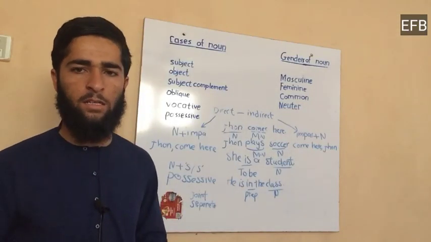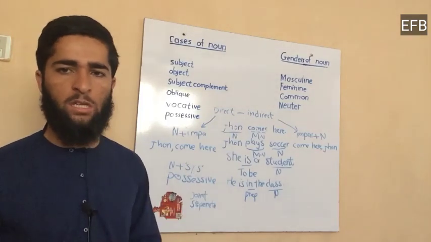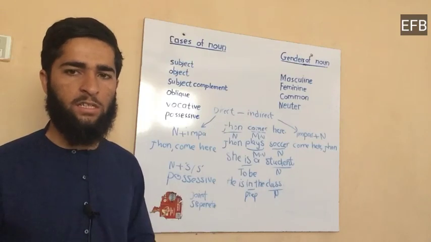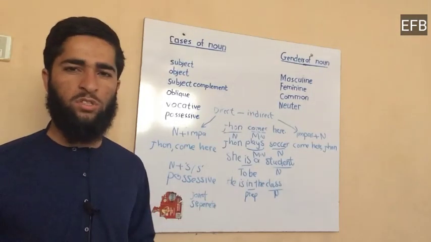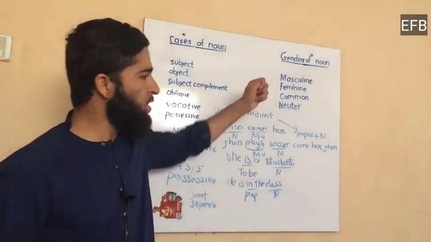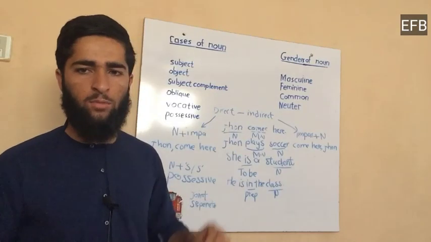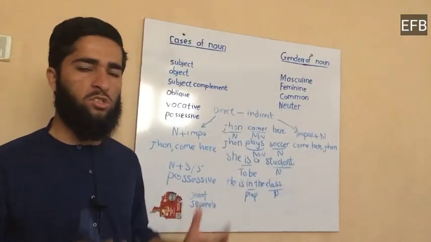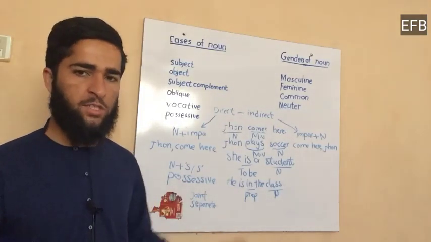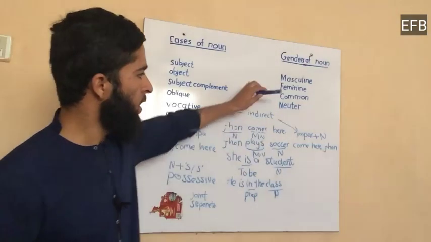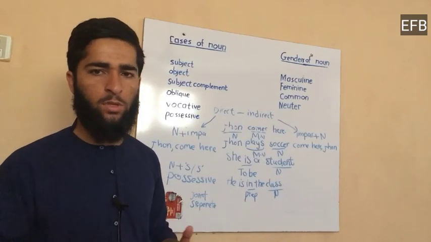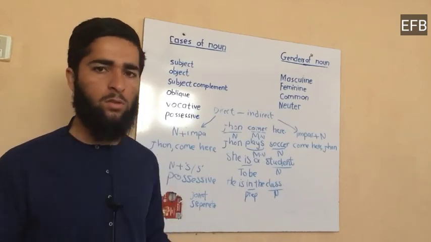Masculine gender is also applied to objects remarkable for strength or vociferousness, etc., such as sun, winter, fire, wall, death, etc. And feminine gender is also applied to objects remarkable for beauty, gentleness, and gracefulness, such as moon, star, spring, etc. Common is the third gender of noun, and it refers to both female and male.